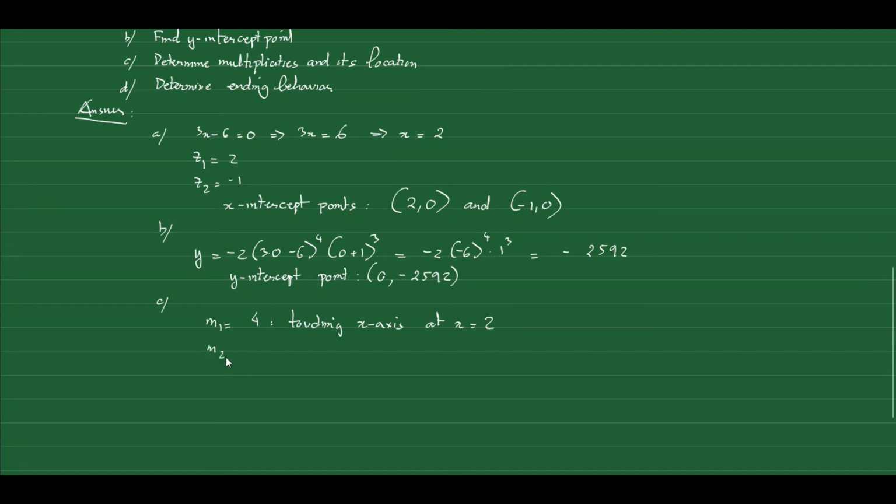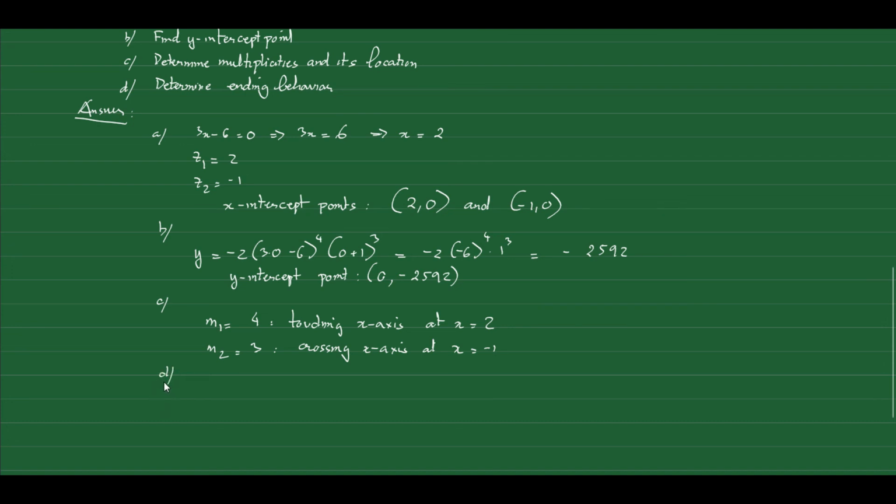And M2 will be 3, so it will be crossing the x-axis at x equals negative 1. Alright, x equals negative 1, and x equals 2 right here. Okay, so that's the multiplicity.